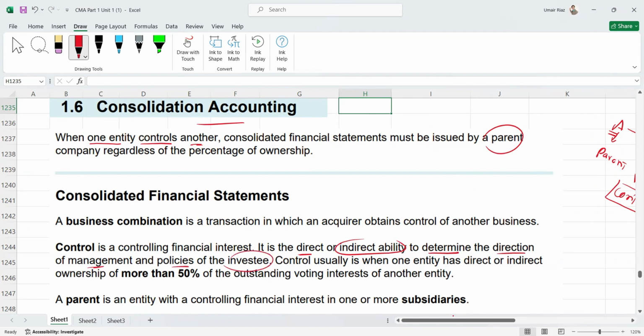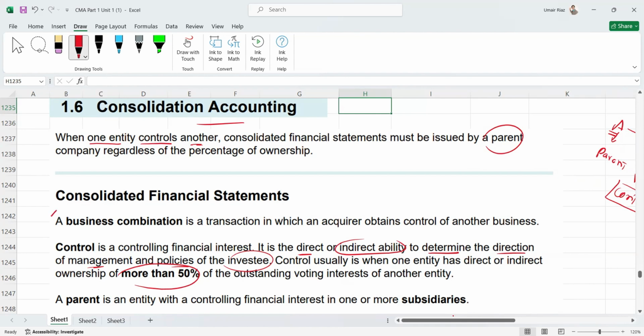In simple words, when one company is in a position to direct the activities of the other company, the first company has control over the other company. Normally, control is achieved when we acquire more than 50% of the outstanding voting interest or voting rights of the other company.